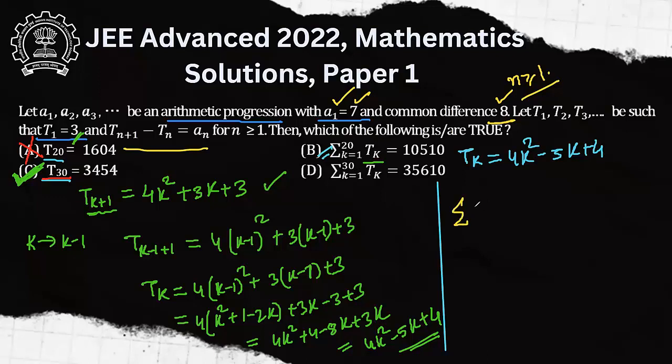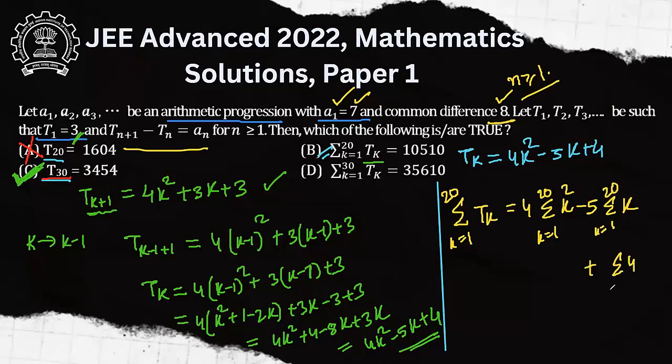So sigma Tk, k going from 1 to 20, is nothing but 4 times sigma k square, the limits are the same, k 1 to 20, minus 5 times sigma k from 1 to 20 plus sigma of 4, again k from 1 to 20. Now you see, this is the sum of the squares of the first 20 natural numbers. This is the sum of the first 20 natural numbers.